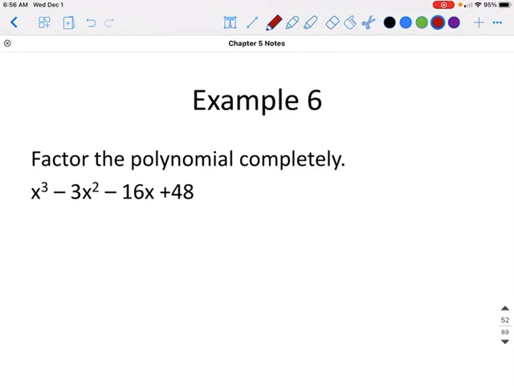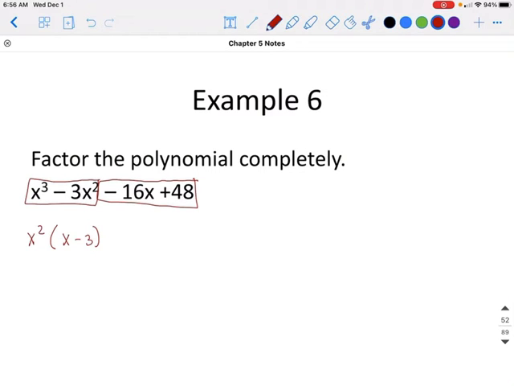So if we take a look at this one, we're going to group here and another group here. So what can I factor out of this first group? Both of those pieces have at least an x squared, so we can factor that out of each of the groups. And if we factor out an x squared, we're going to be left with x minus 3.